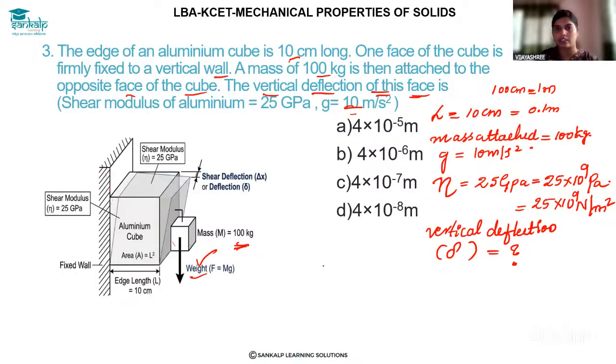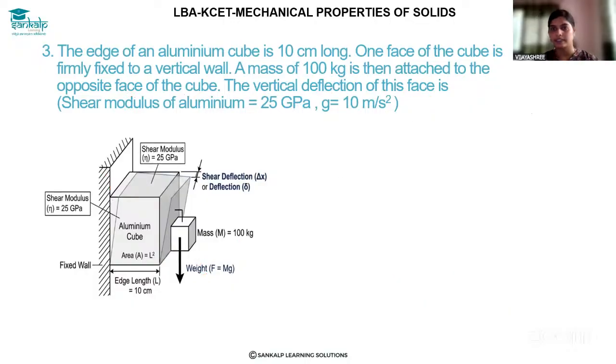Mass is 100 kg, acceleration due to gravity is 10 meter per second square, which is equal to 1000 Newton. So force acting on the cube is 1000 Newton. I will move on to the next slide.